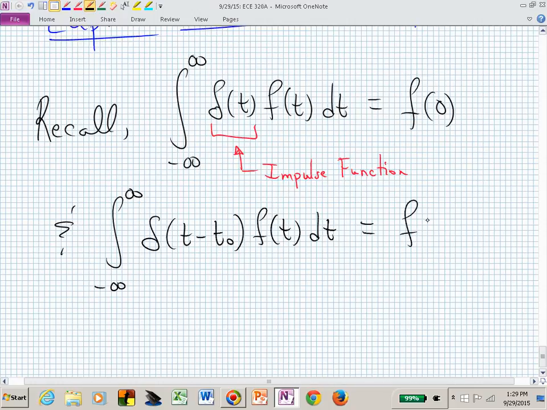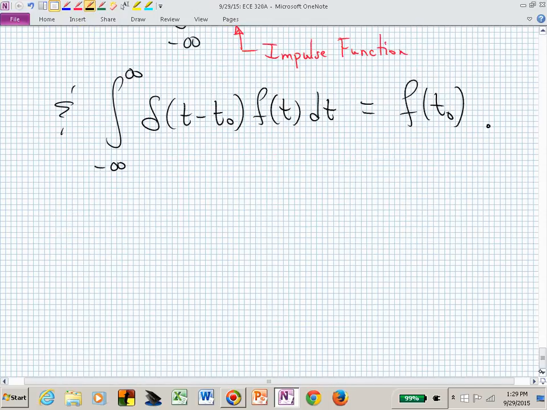This now becomes f of t naught. Those are two facts that you need to be comfortable with. You'll use those. If that's the case, now let's look at a particular Laplace transform. And now, here, this L is different from that delta. Is that okay? That's the Laplace transform now of the impulse function.